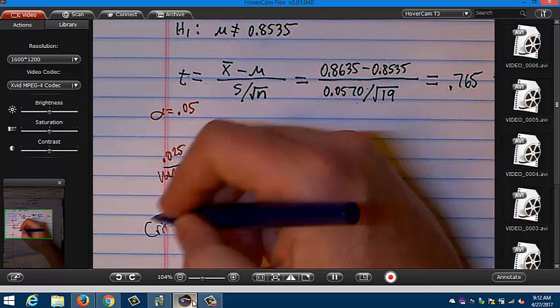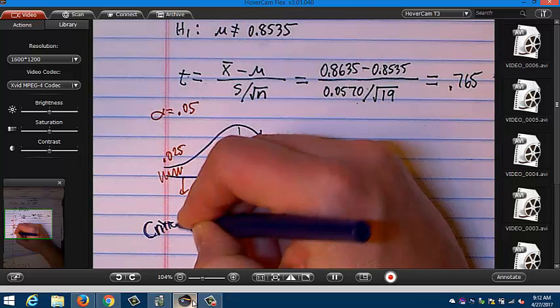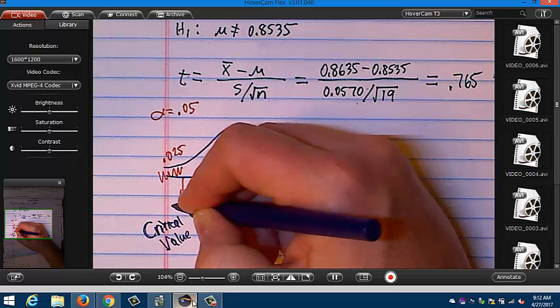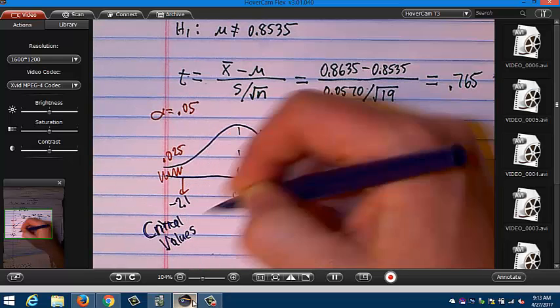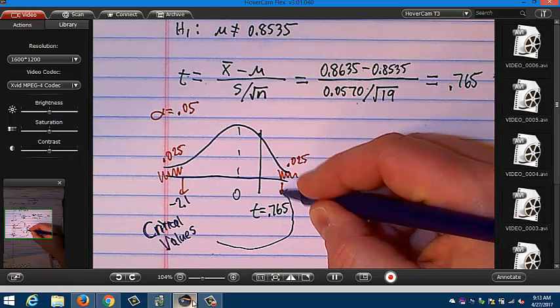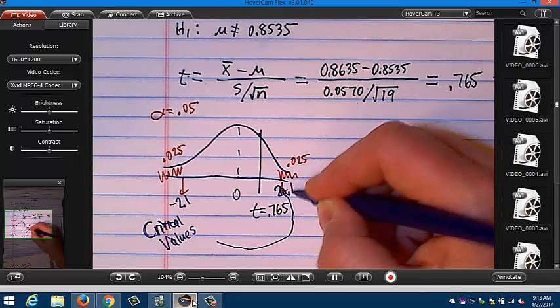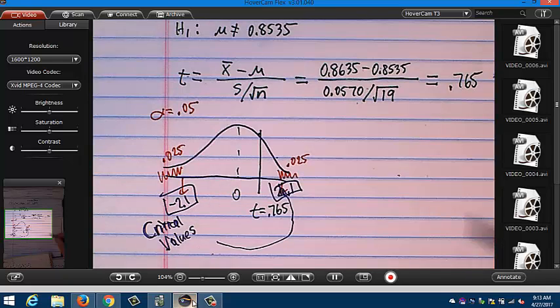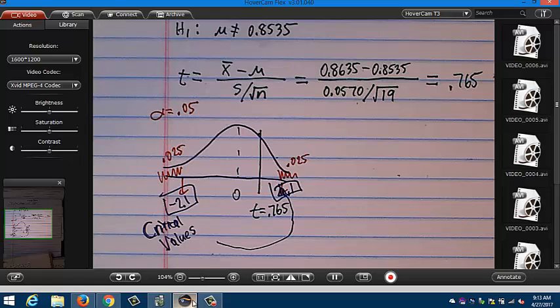For all the problems in this chapter that we've done, the critical value here of negative 2.1 means there's another critical value over here of positive 2.1. And so you could tell, am I in the critical region with my statistic, or am I not? I'm not in the critical region, right? I am somewhere in the middle.